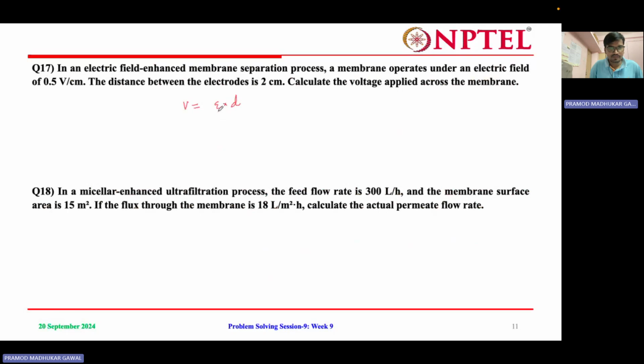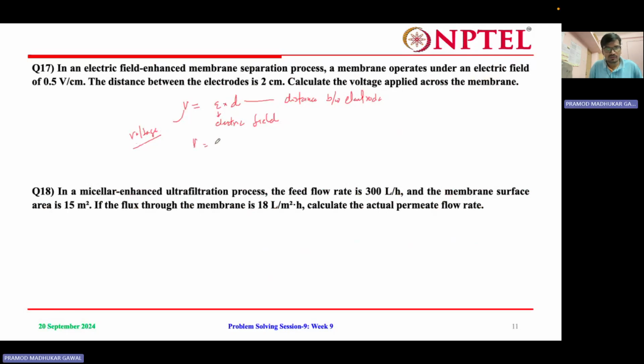Here E is the electrical field and D is the distance between the electrodes. And V is the voltage applied across the membrane, right?